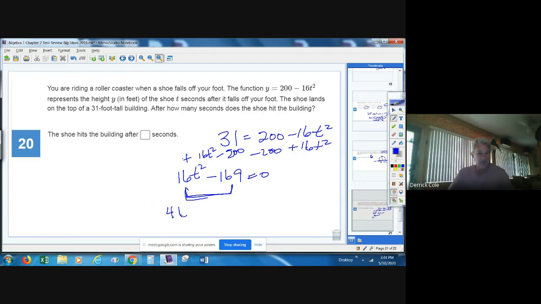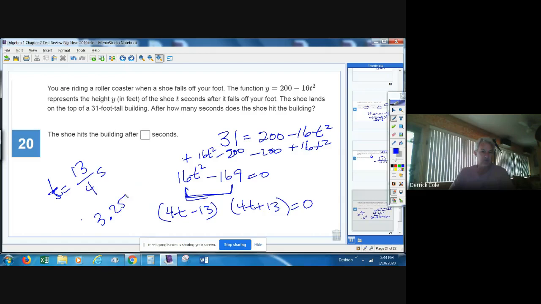So I'm going to go, hey, this is 4t minus 13 and 4t plus 13 equals 0. So it's going to be 13 over 4. It's either going to be positive or negative, but it can't be negative because it's time. So we're looking at positive 13 over 4. T equals this. That's how many seconds, which is 3.25.